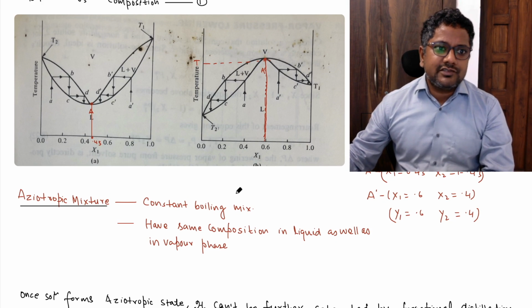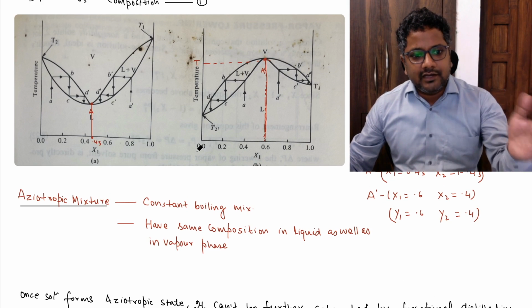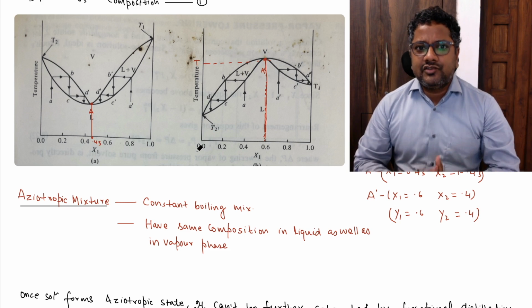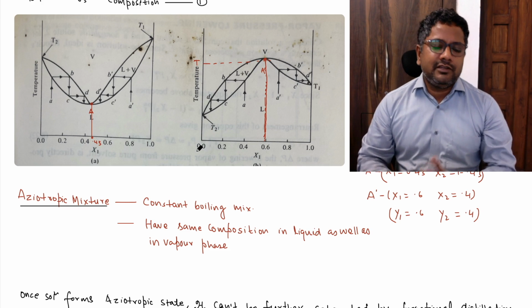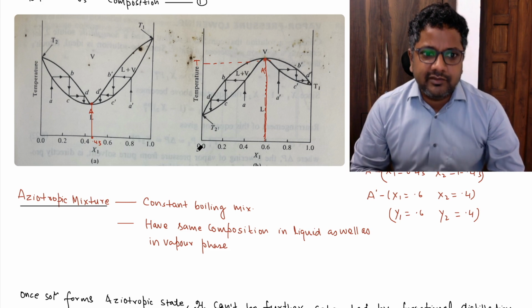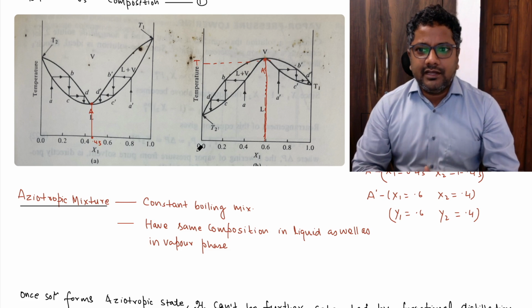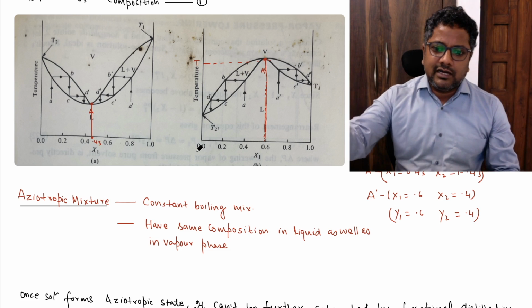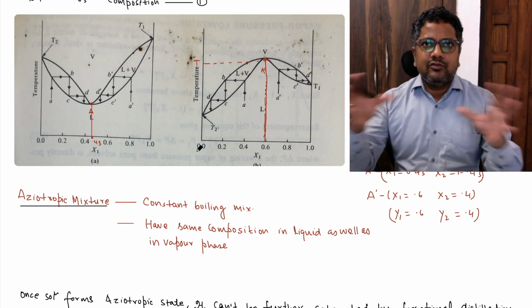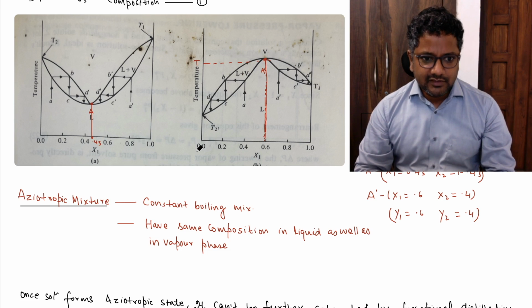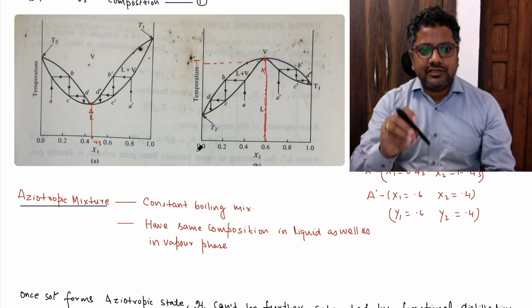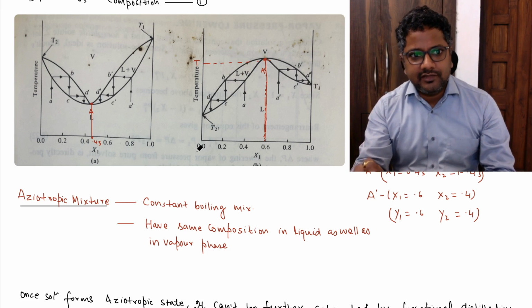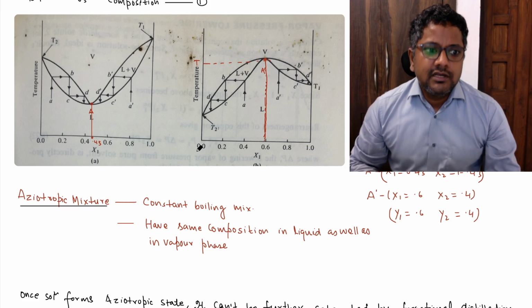So when two liquids are mixed, showing real behavior, and definitely all of you know that every mixture shows real behavior. You won't get perfect ideal behavior from anyone. So if one liquid has boiling point T1 and the other has boiling point T2, when both are mixed, at some particular composition both boil at the same temperature and condense at the same temperature, and this is known as an azeotropic mixture.